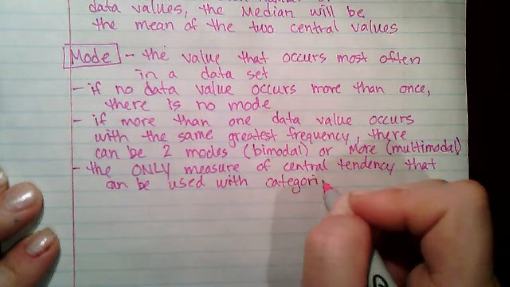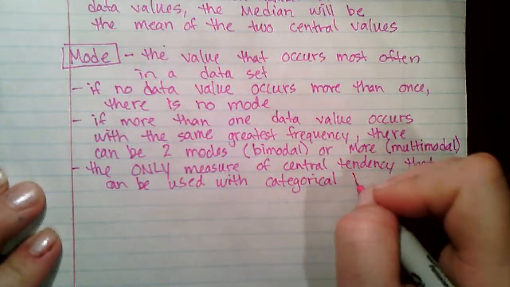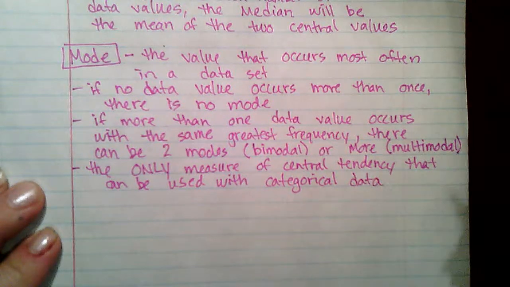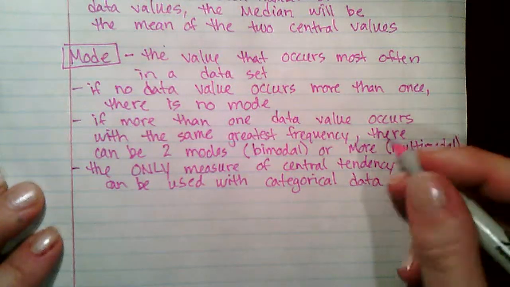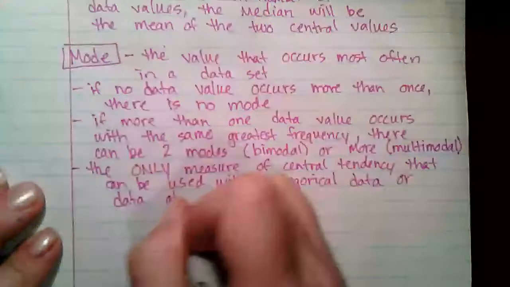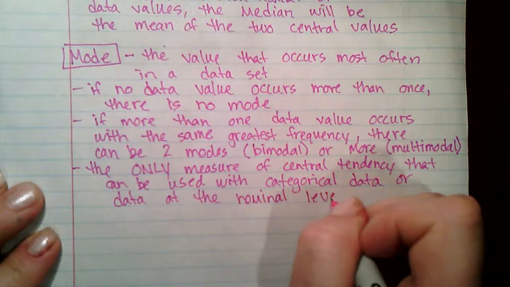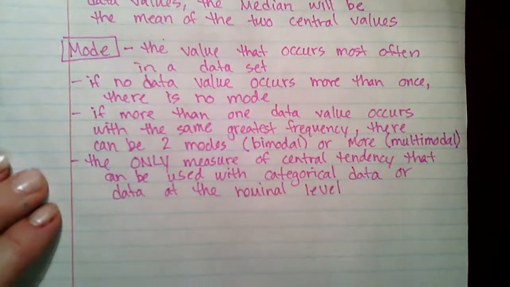So if you're working with qualitative data rather than quantitative data, then the only measure of central tendency that is valid is going to be the mode. Or if we're working with like Jersey numbers or something like that.